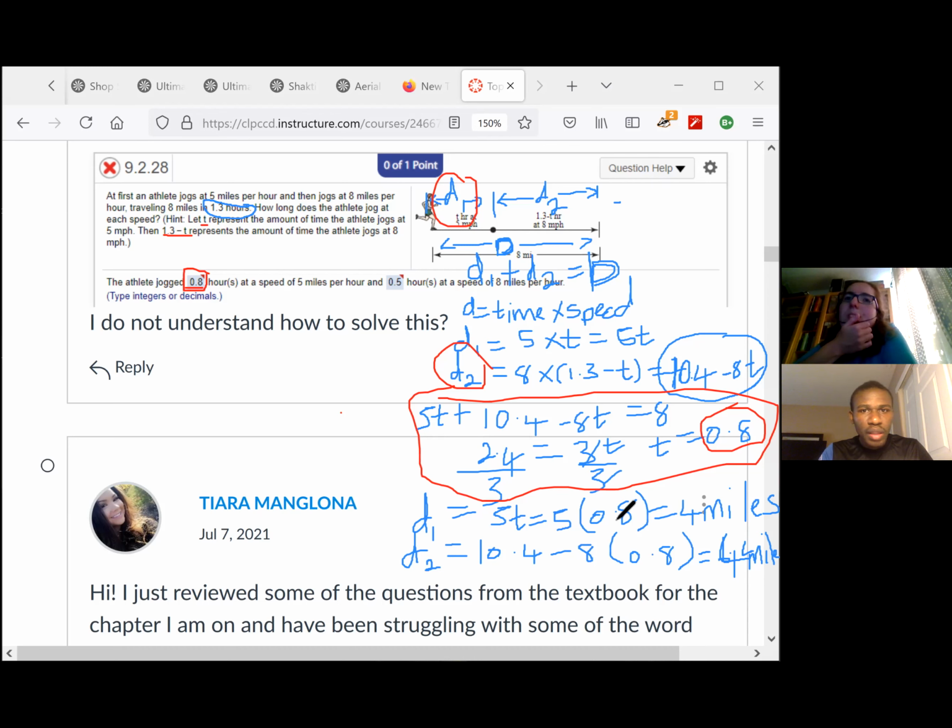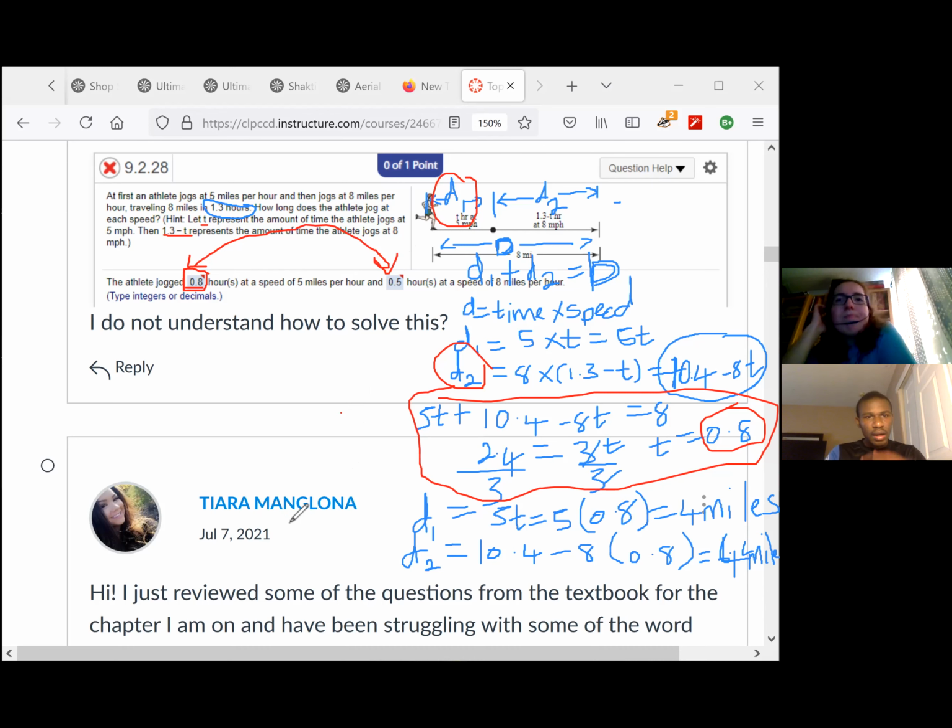So when they travel at 8 mph, our time should be 1.3 minus t hours. But then 1.3 minus T is 0.5. Are they just switched maybe? Maybe I should switch them around?